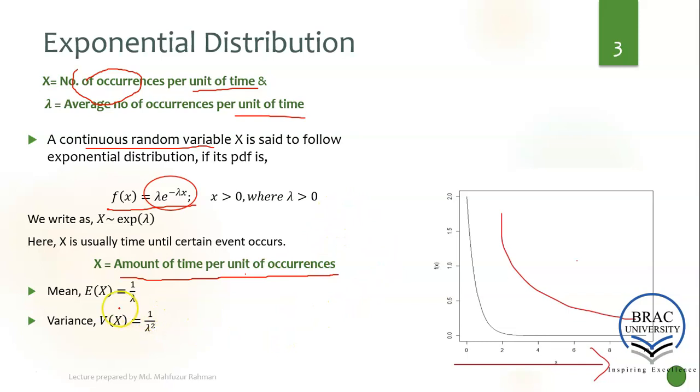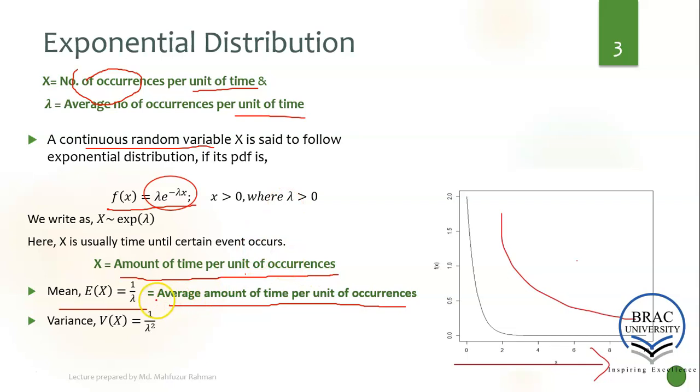So that's why the mean of the exponential distribution is 1 by lambda, which is defined as the average amount of time per unit of occurrences. If I repeat again, the Poisson distribution gives us the number of occurrences per unit of time, and the exponential distribution gives us the amount of time per occurrence of an event.